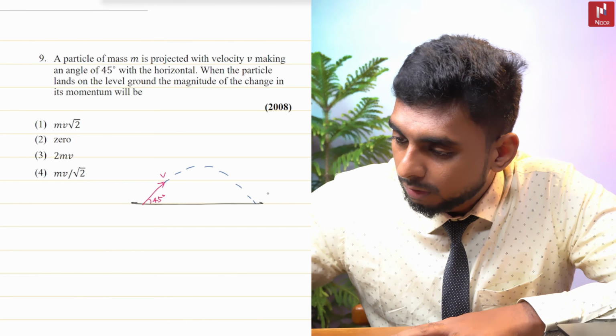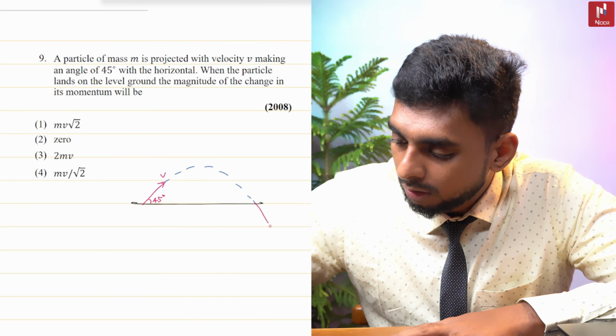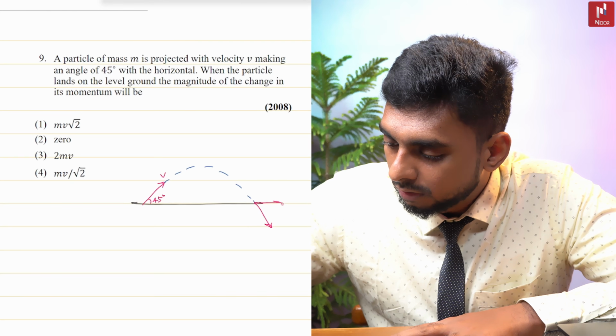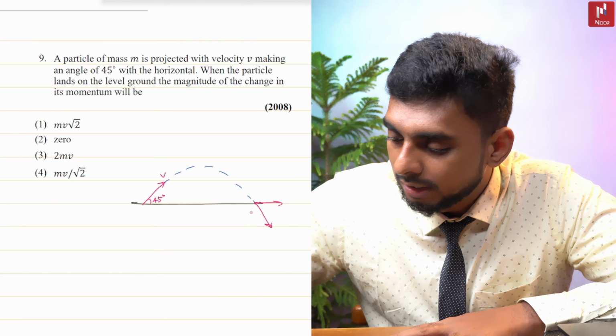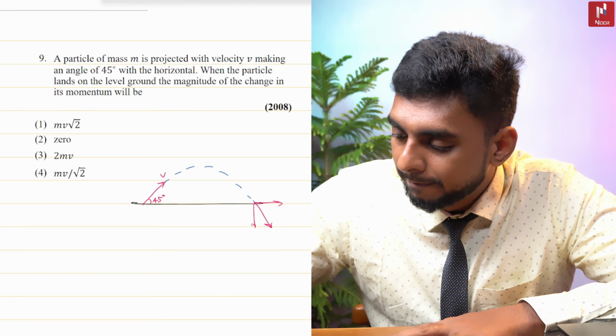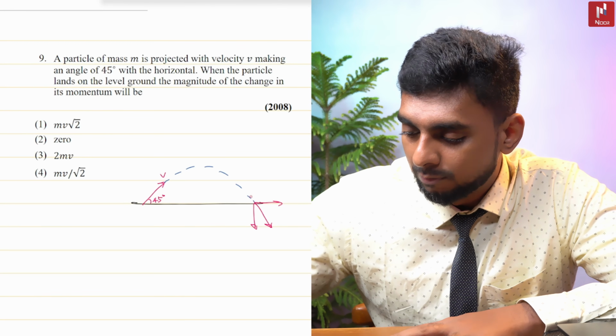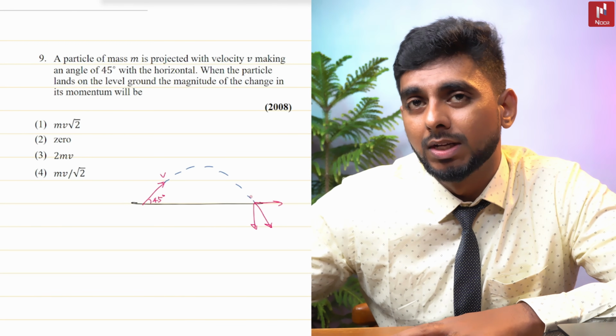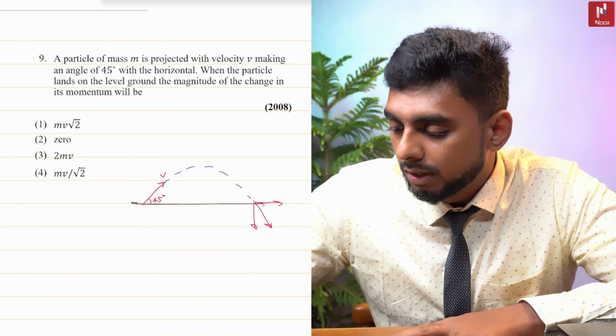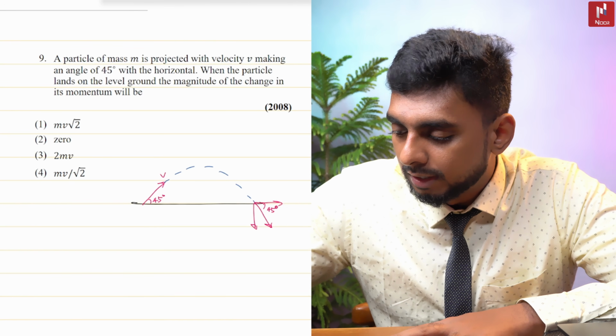The only component that changes is the y component, while x stays the same. You will have the same y component, but its direction gets reversed. So this angle will be 45 degrees, right?